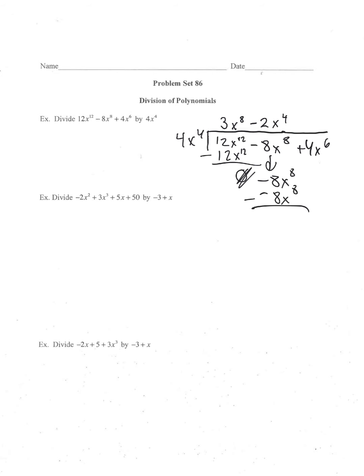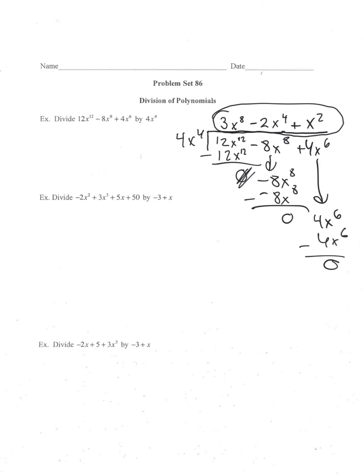Subtract those, we end up with 0 again. Bring down our last term, which is 4x to the 6th, and 4x to the 4th goes into 4x to the 6th x to the 2nd times. Positive, so we're adding together. And then we can zero that out. And so what we get is 3x to the 8th minus 2x to the 4th plus x squared.